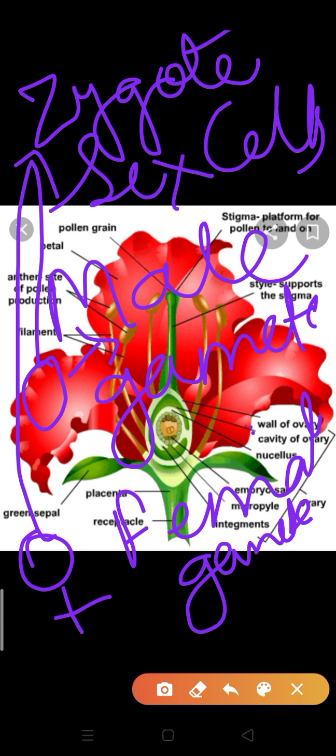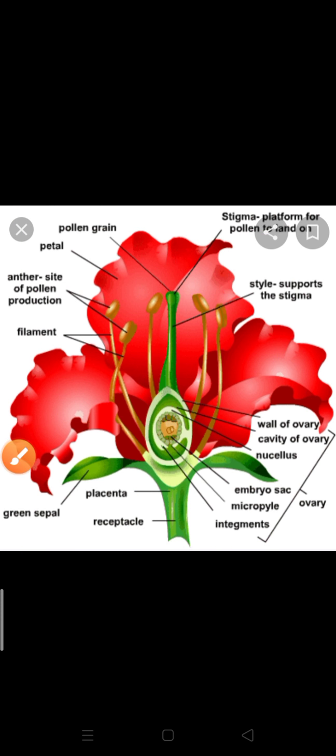So this is sexual reproduction in humans, but in plants all the steps are similar, with a little bit of variation. So we will read about it.